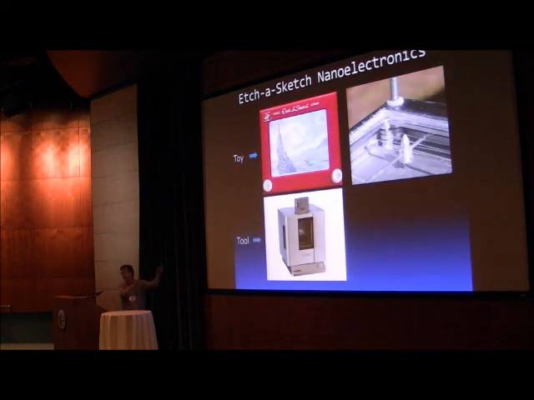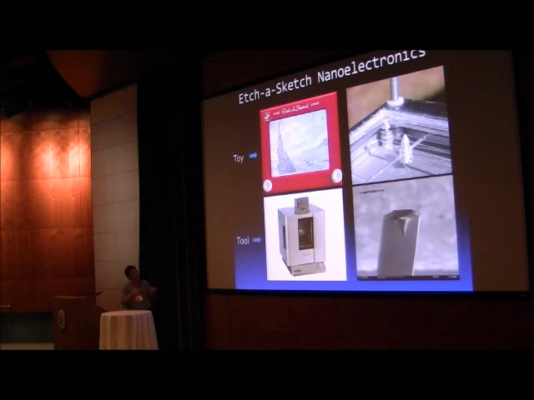Of course, we don't work with toys in the lab. We work with tools that cost about 1,000 times more than the Etch-a-Sketch, maybe 10,000 times more. But basically, they work in a very analogous way. So instead of having this big probe that's pointing up, they have a little probe that's pointing down, and it's coated with metal.